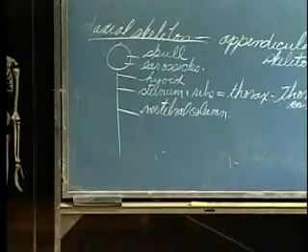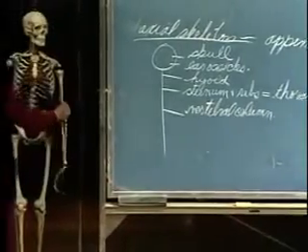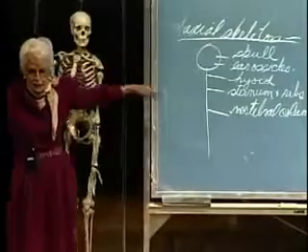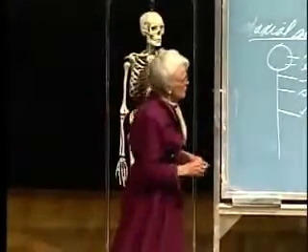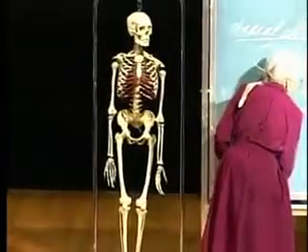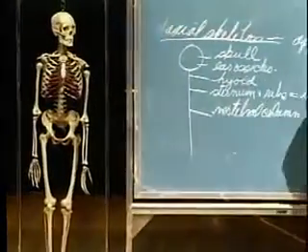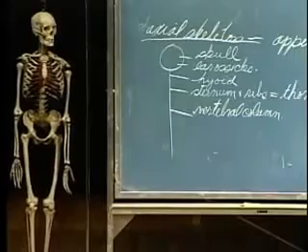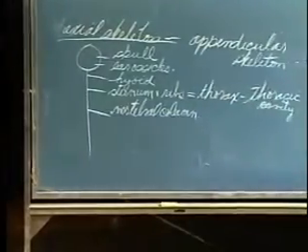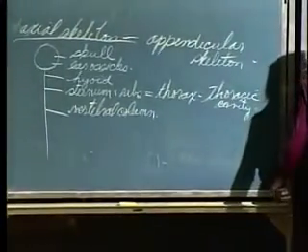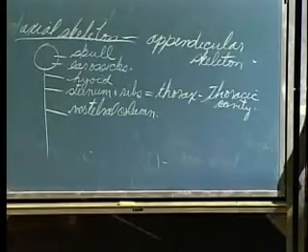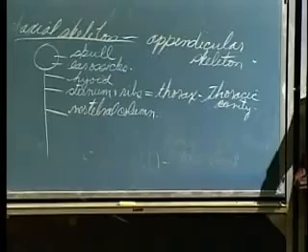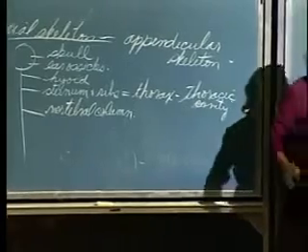Now the appendicular skeleton are these appendages which hang out here. So we've done this one, and we have these out here. So we have the upper extremities for the appendicular skeleton, and their girdles.